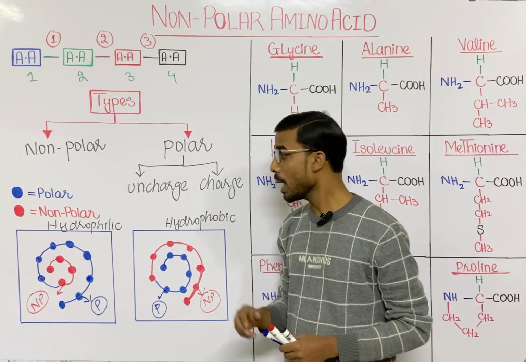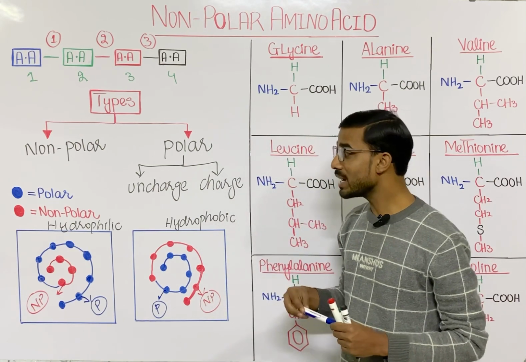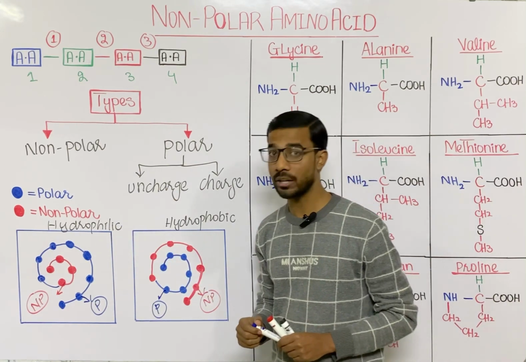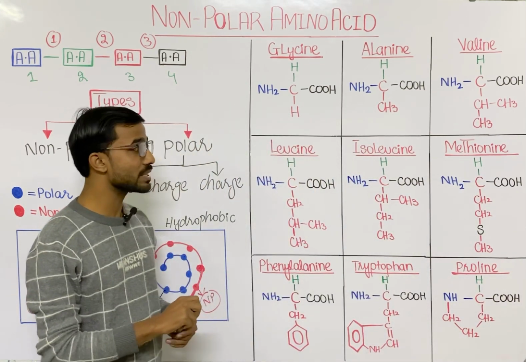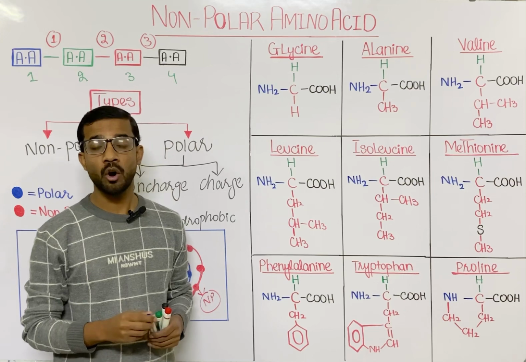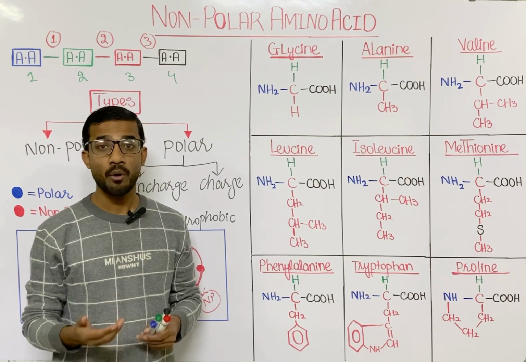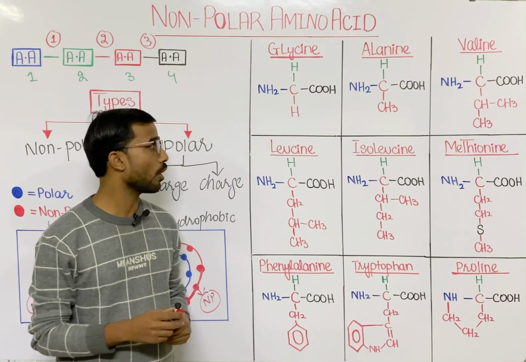But the question is, where does this polarity come from in amino acids? In this lecture we will see how non-polar amino acids get their non-polarity, and from which functional group.